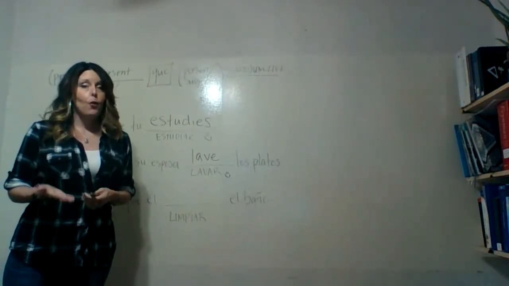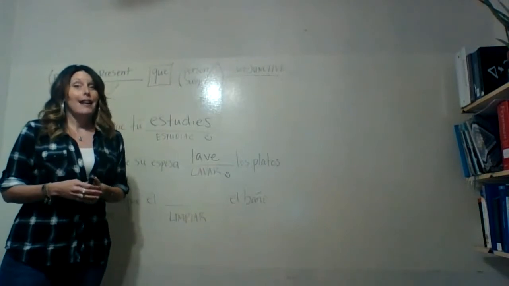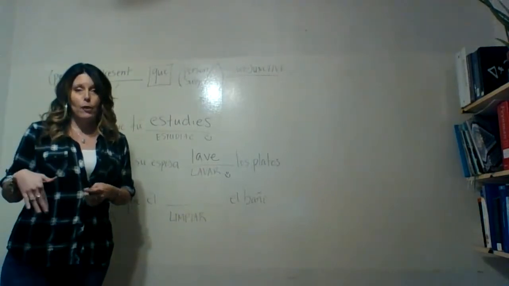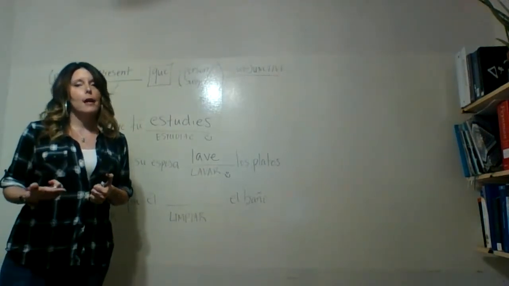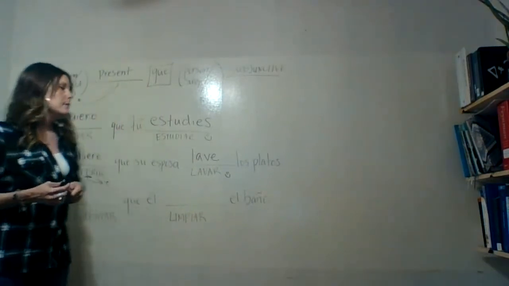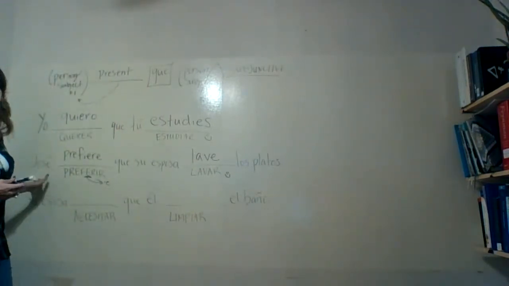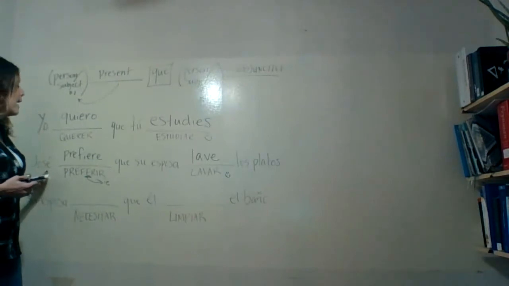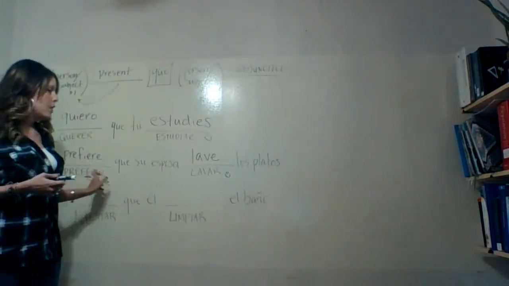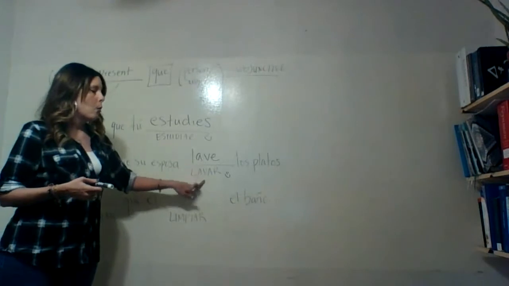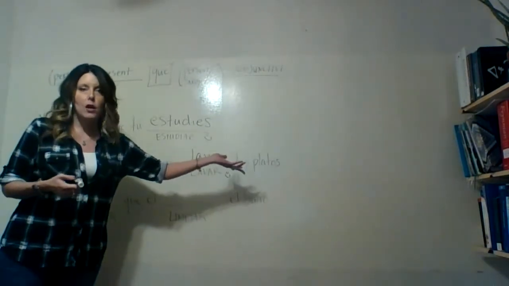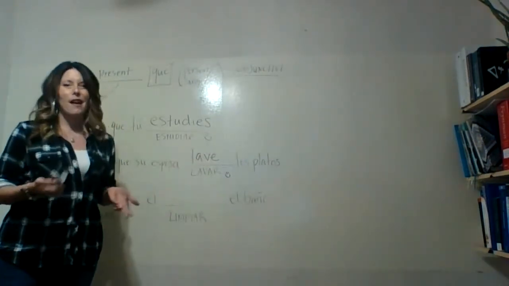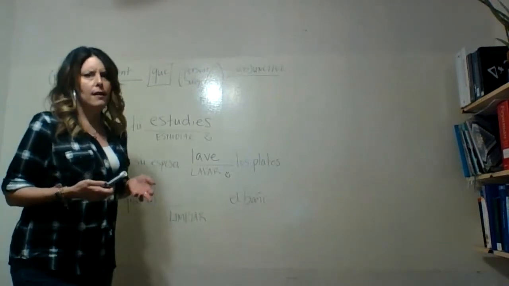If I asked you, what does that sentence mean? And we did it just in English to Spanish, it's another example of a sentence that might sound a little bit weird, because word for word, we would try to translate it as, Jose prefers that his wife wash the plates or wash the dishes. Jose prefers that his wife wash the dishes.